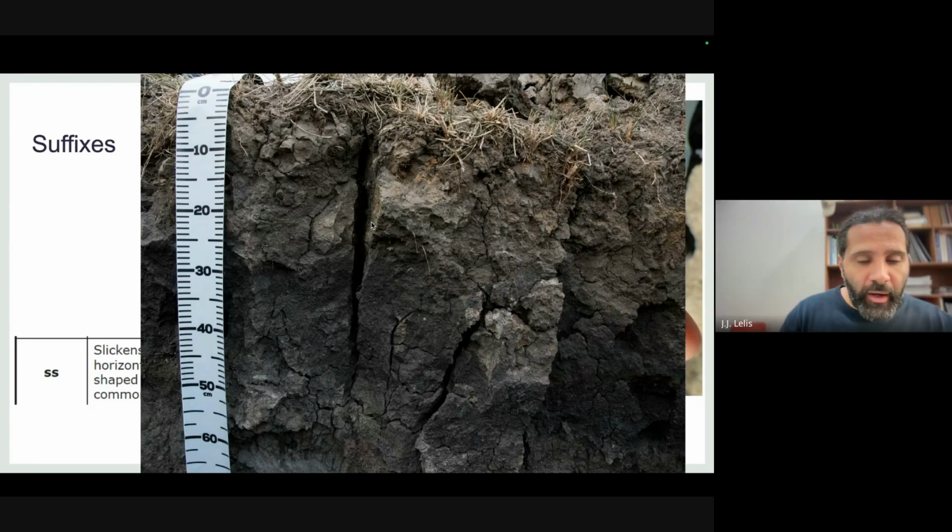You can stop a car inside these cracks because they are really, really high. I'm just joking, but you can see how large they are. And these big cracks are related to a high clay content and high activity. So I can register if I find some faces that are shining. So yes, these faces are slickensides, and I will use the double S letter. Okay, the double S suffix, I'm sorry.